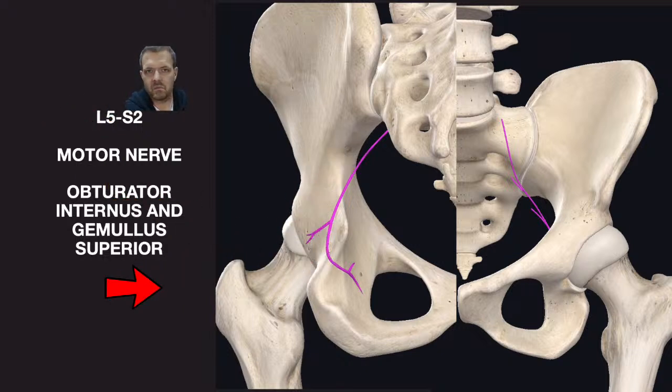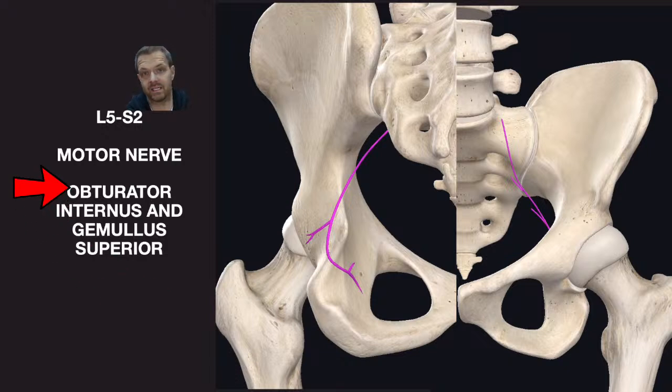And again, testing wise, there's no way you'd be able to isolate these structures to know if there was a problem. You would just pick up some kind of generalized weakness in the rotators of the hip, and they would have to go away for further investigation. Again, we talked about this before, trying to isolate things and say that problem is being caused by that, it's really, really difficult to do.